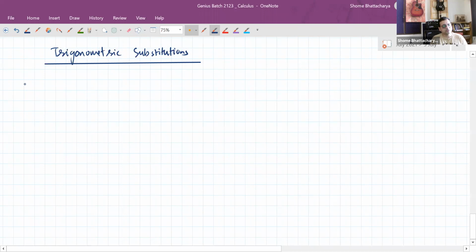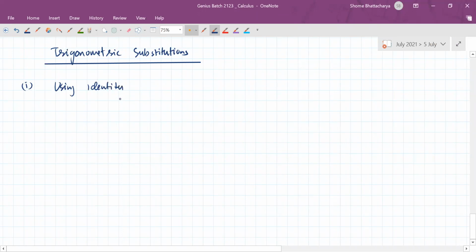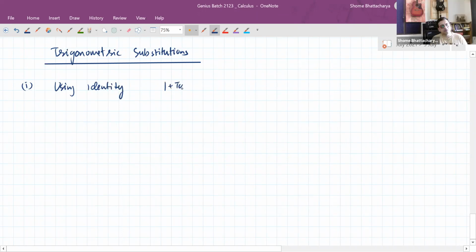The first type is using the identity that 1 plus tan square theta is equal to sec square theta, and the fact that differentiation of tan theta is equal to sec square theta.